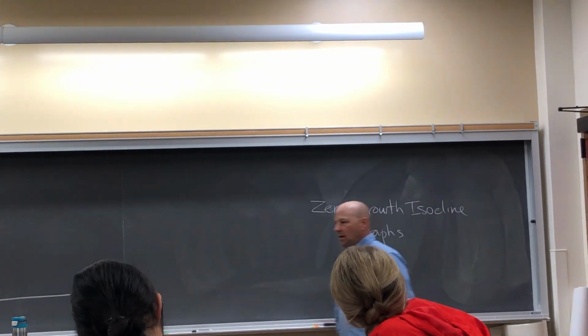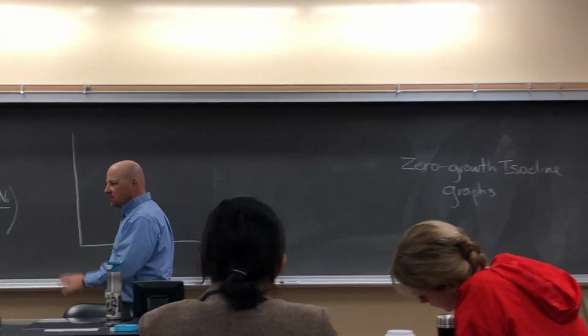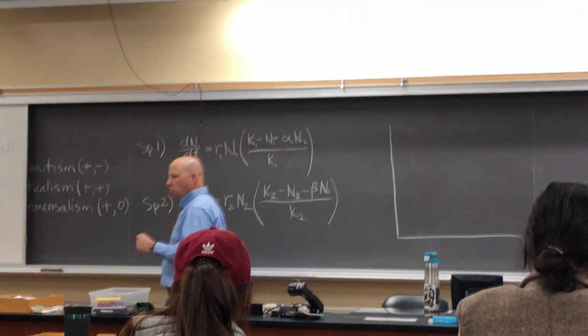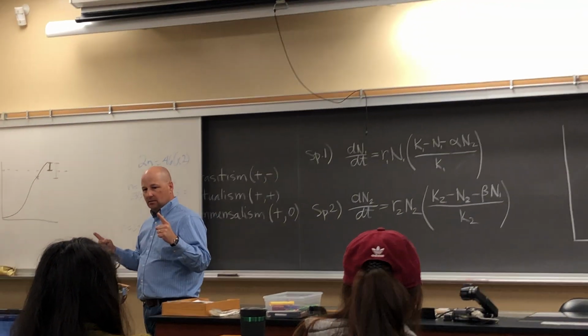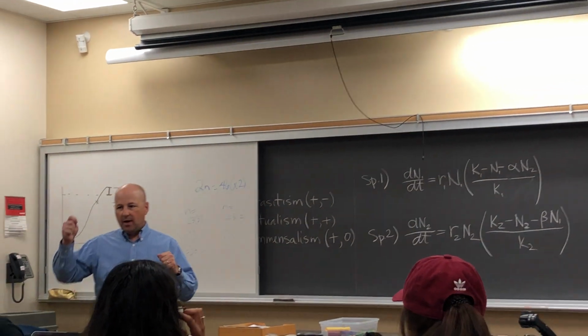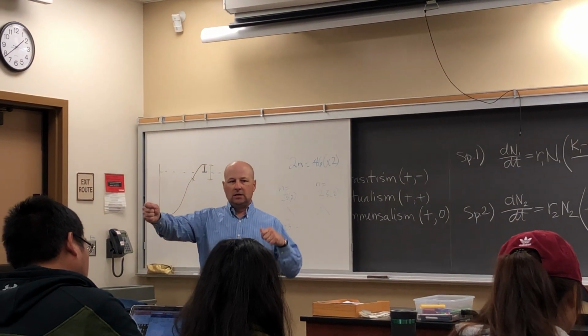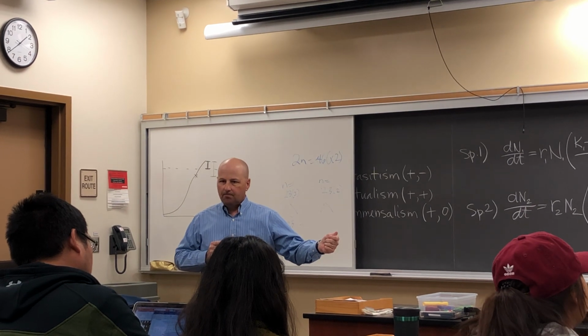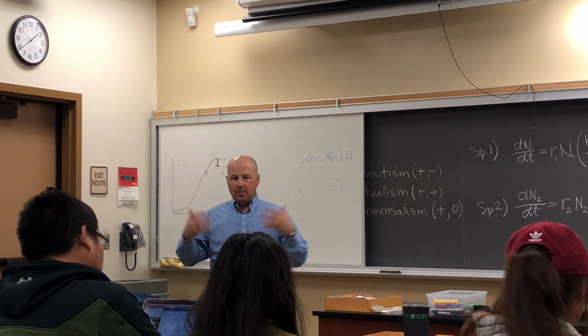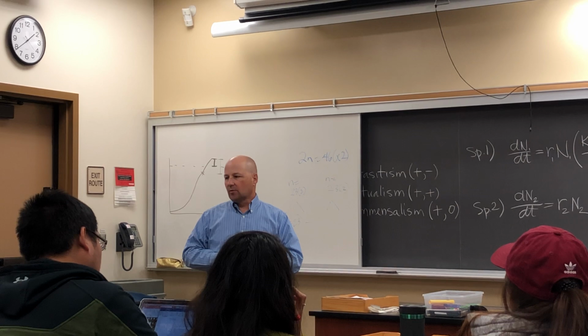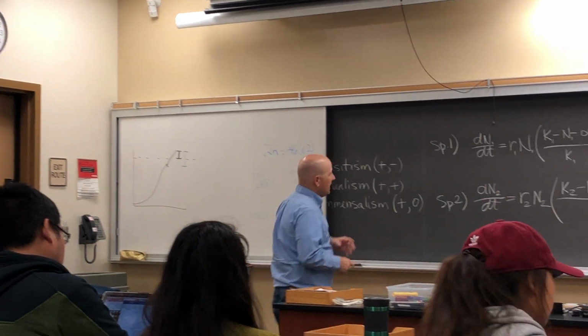Zero growth isocline graphs. So a zero growth isocline is a line that shows the population size of species 1 and of species 2 that would keep one of those species from growing. In other words, keep it at carrying capacity.